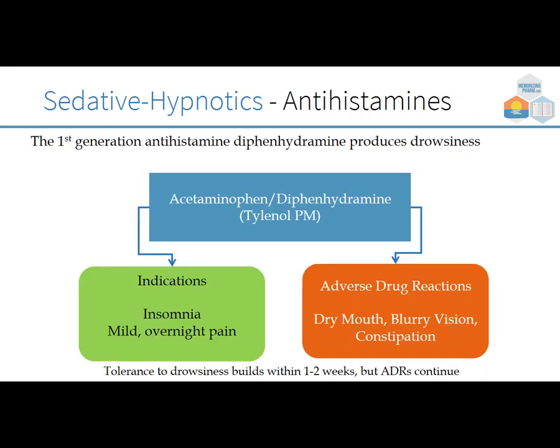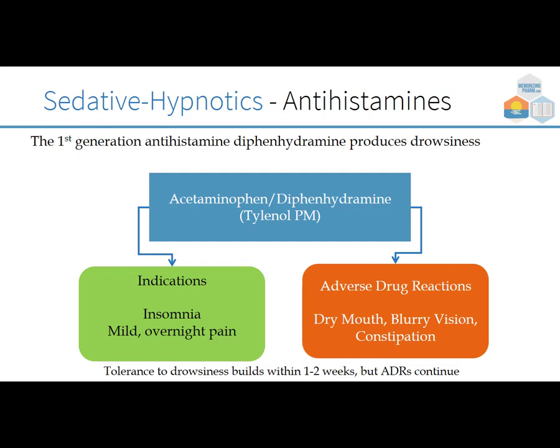Patients may try to self-treat and go over the counter before they ever go to a prescriber. And the first generation antihistamine diphenhydramine does produce drowsiness. We usually find it in acetaminophen with diphenhydramine or Tylenol PM. The Tylenol is there for pain because a lot of times pain will keep someone up at night, but the combination takes care of the pain, takes care of the insomnia, or tries to at least.